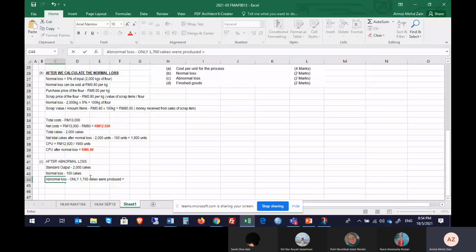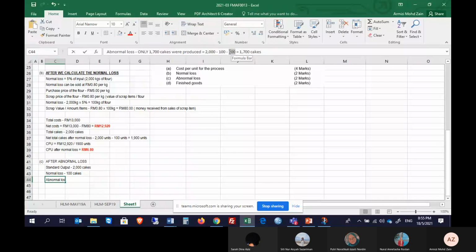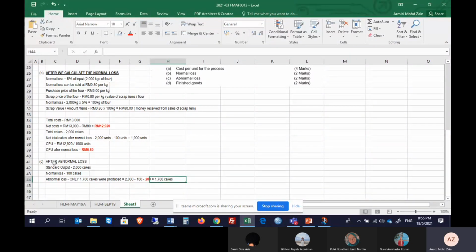Which means that 200 minus 100 and you have to minus another 200 to get the 1700 cake. So the abnormal loss is 200. This one is abnormal loss 200. Okay. Normal loss, standard, normal loss, ada abnormal loss. Okay, 200.